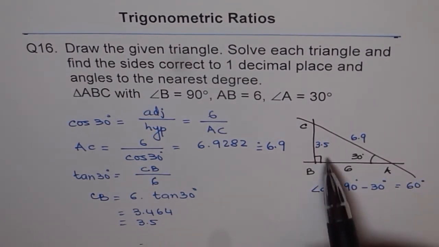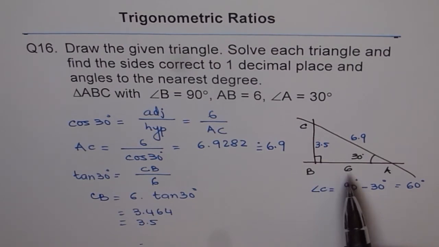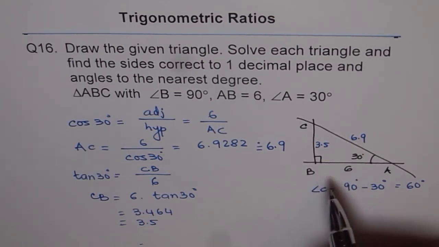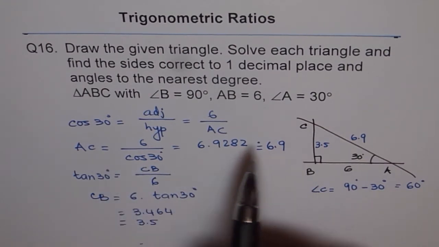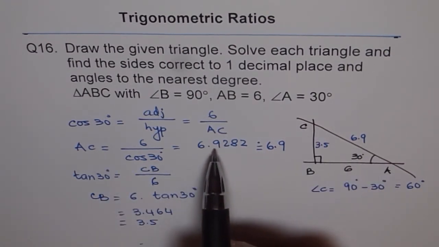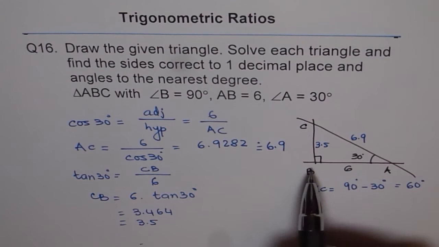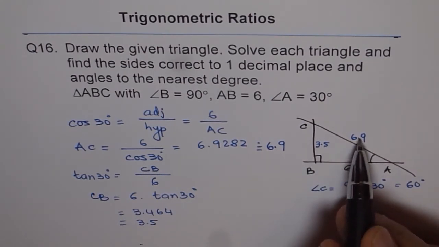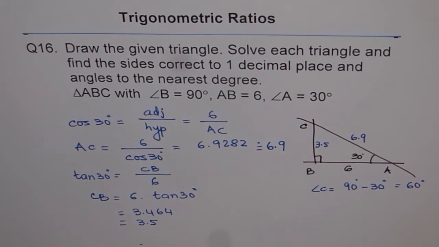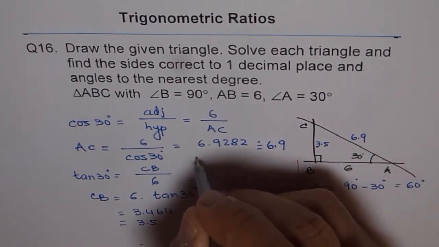You could have found angle C by using trigonometric ratios also. Now for that, I will appreciate that you should always use 4 decimal places. Let's do it with AC as 6.9282 and BA given to us as 6. So if we want to use 6 and 6.9, then which trigonometric ratio should we use?